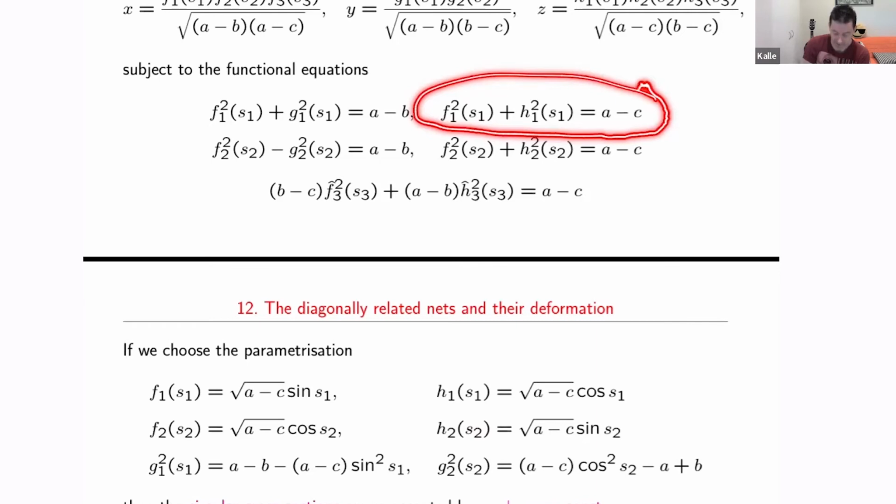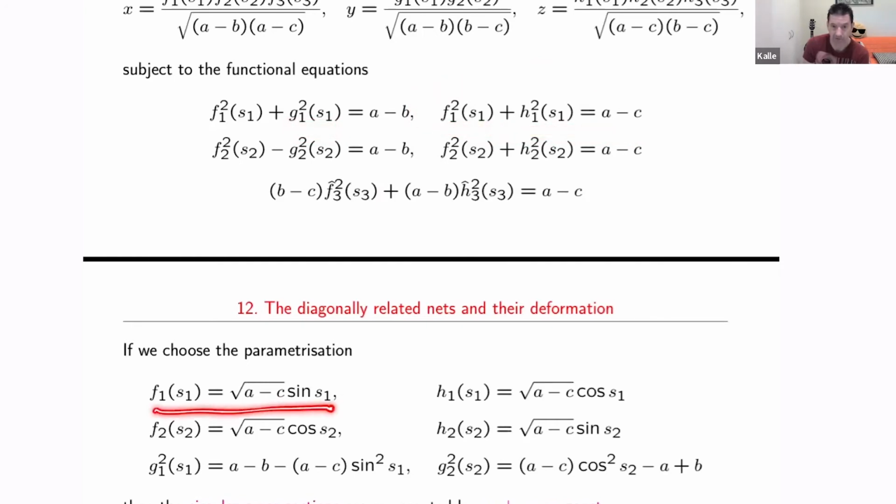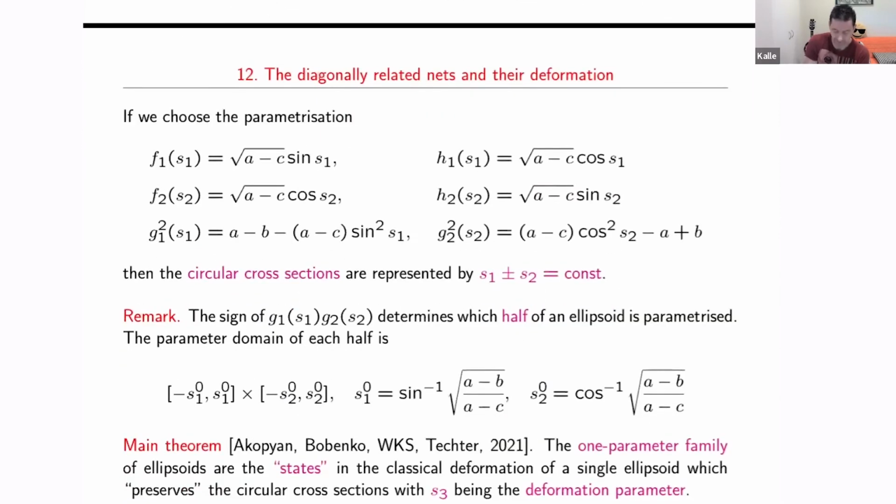Of course, you have to pay a price because you get a square root here. So we just parameterize these in the natural manner: sine, cosine, and this is identically satisfied. F2 cosine, H2 sine, then this is identically satisfied. Then you pay a price because you have to solve for the squares, and you know what the squares of G1 and G2 are. But of course, in order to find G1 and G2, you have to take the square root.